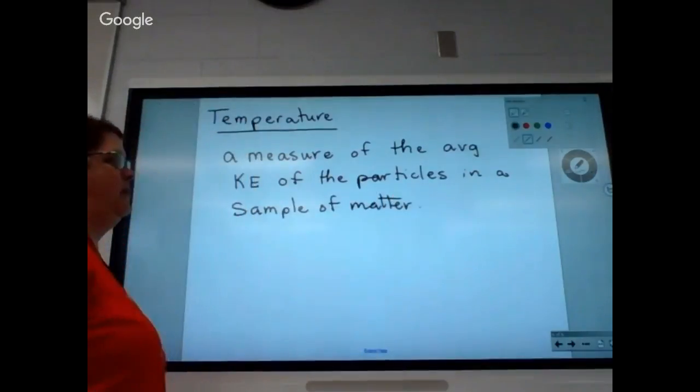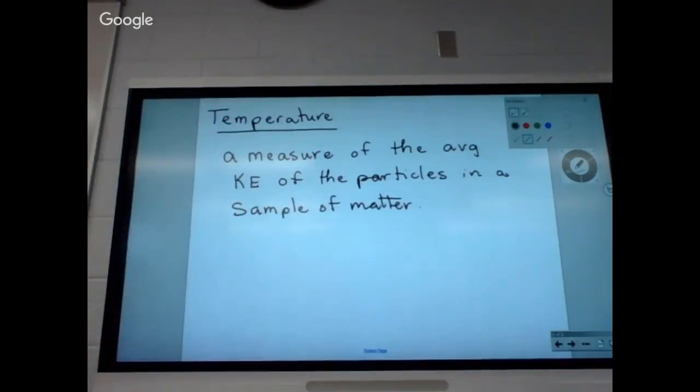Okay? It's a measure of the average kinetic energy of the particles in a sample of matter.